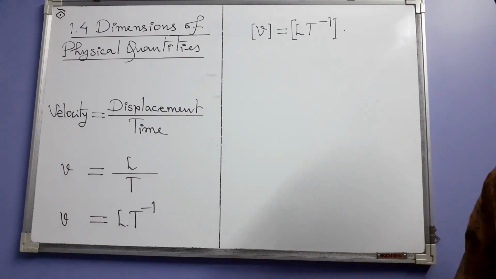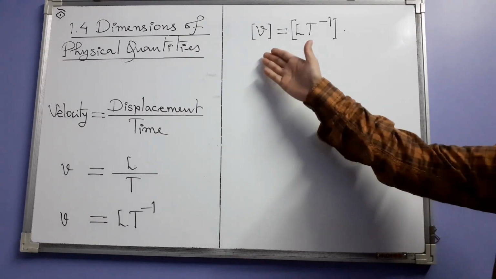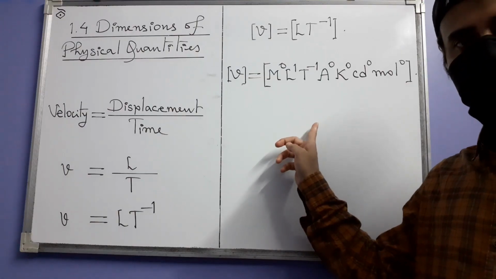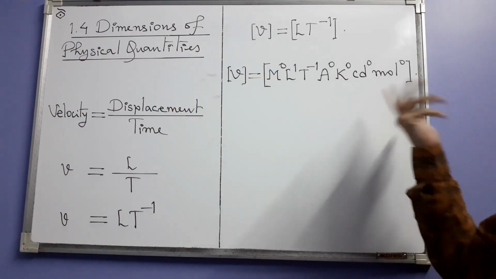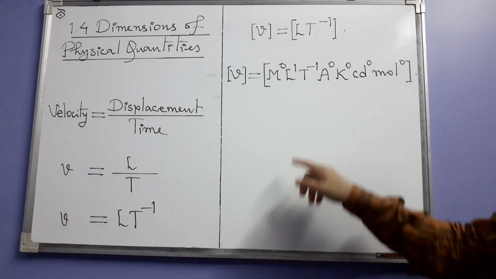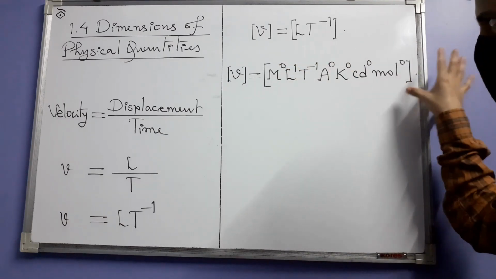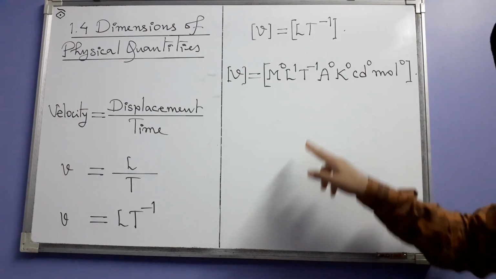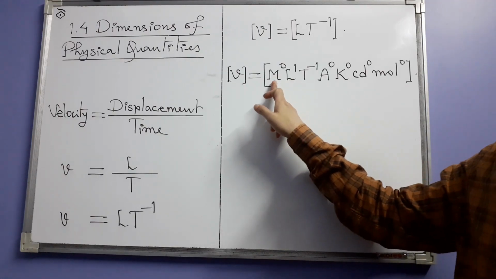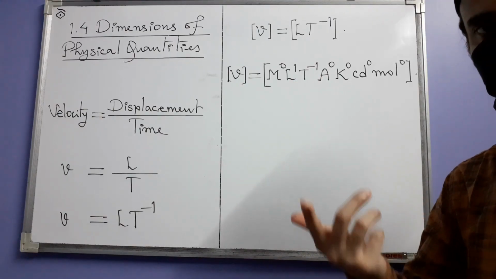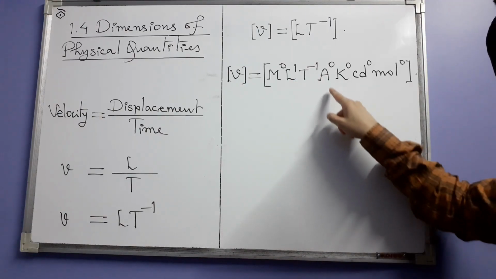If I write the other symbols, then this equation will look like this, which looks quite complicated. But before I say what this is in its entirety, M stands for mass. L and T you already know. L stands for length, T for time.